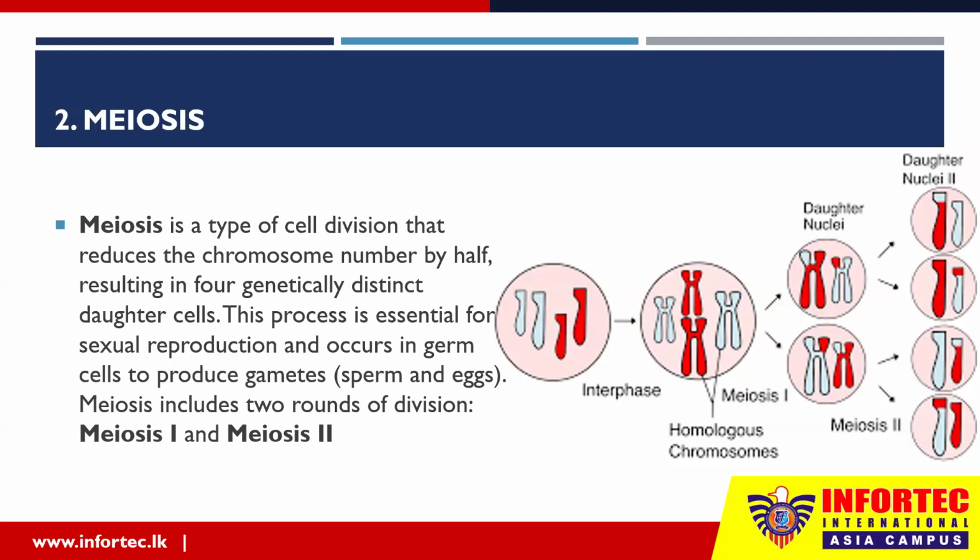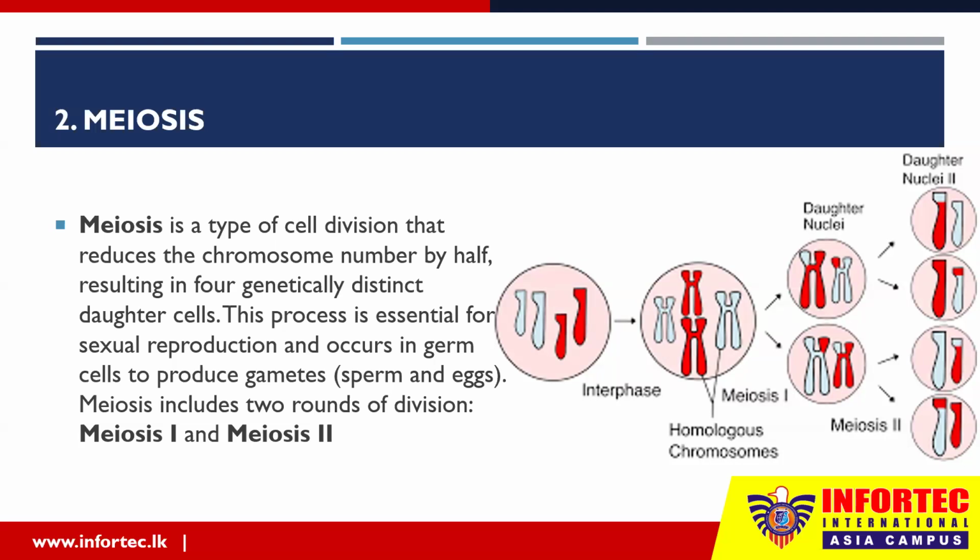Meiosis 1 has prophase 1, metaphase 1, anaphase 1, and telophase 1. Meiosis 2 also has four stages: prophase 2, metaphase 2, anaphase 2, and telophase 2. After the whole procedure has happened, it makes four daughter cells.